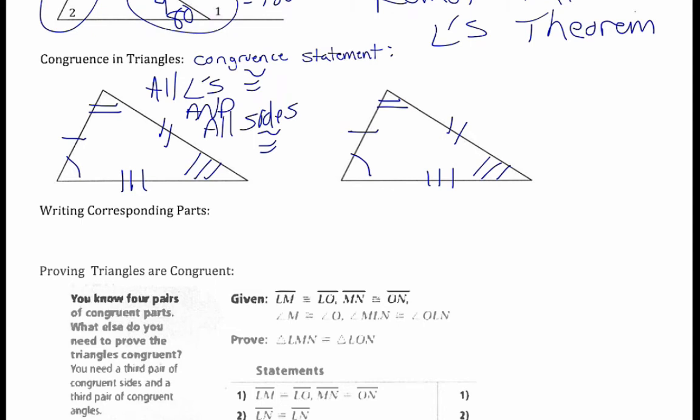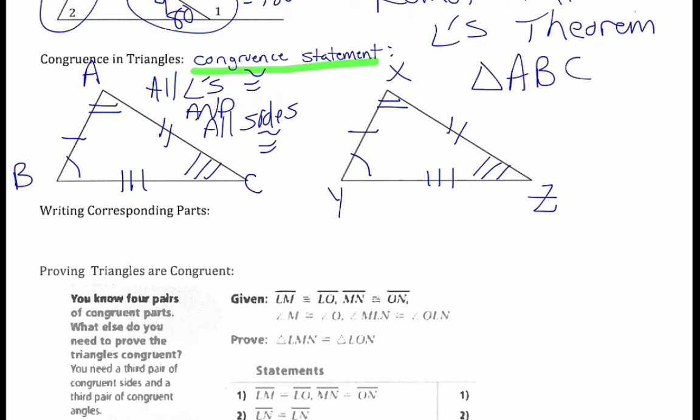So when we write a congruency statement, it tells you which things are the same. So I should probably label this triangle as A, B, C, and let's say X, Y, Z. My congruency statement would sound like this. Triangle ABC is congruent to triangle, and now I have to be careful.